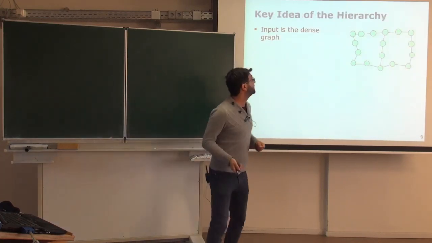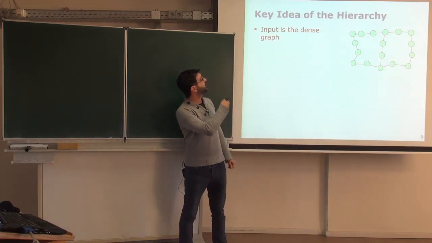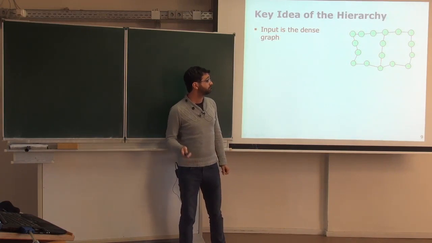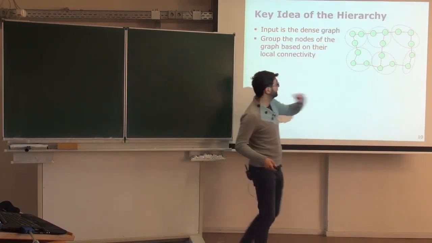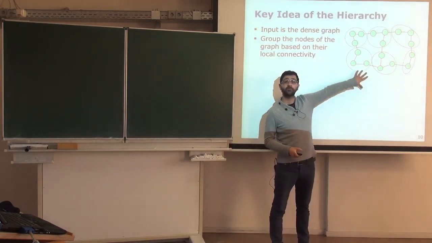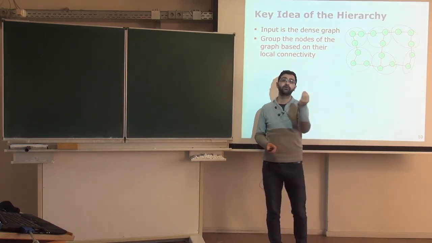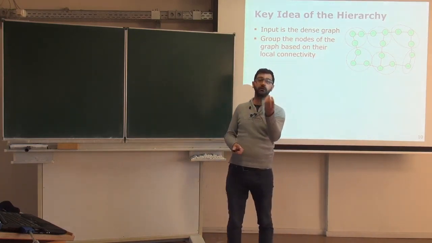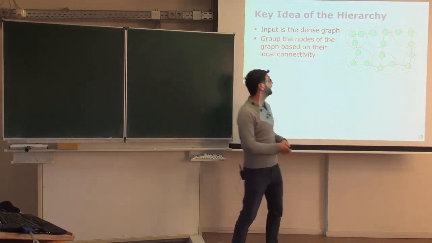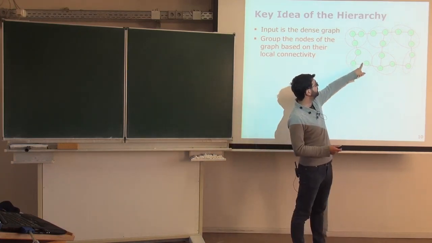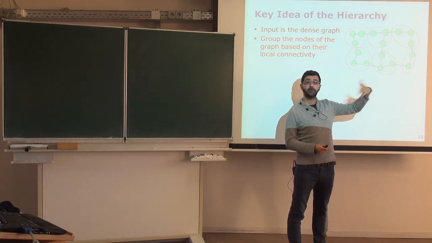So what's the idea of the hierarchy? Imagine now we have as an input a dense graph. We first group the nodes into locally consistent, local patches of the environment. Most of the time those will just come from odometry, for instance.